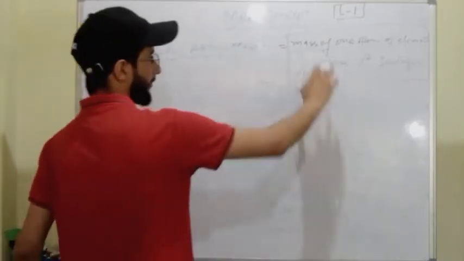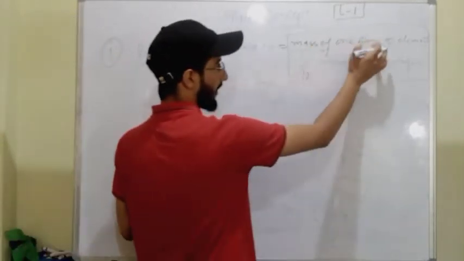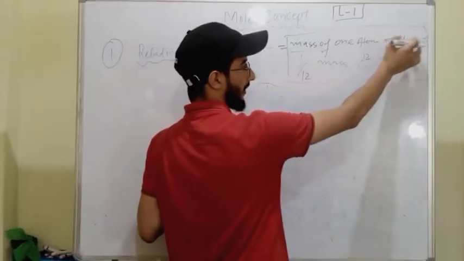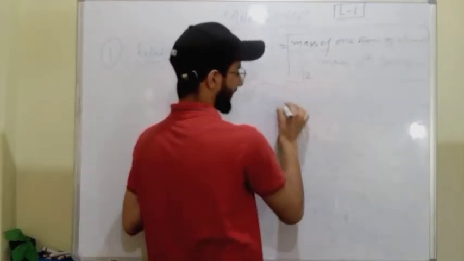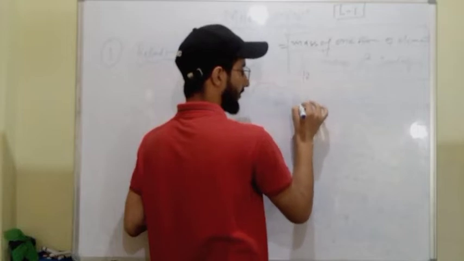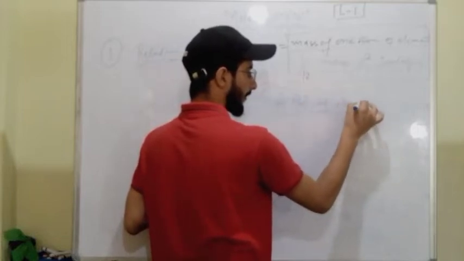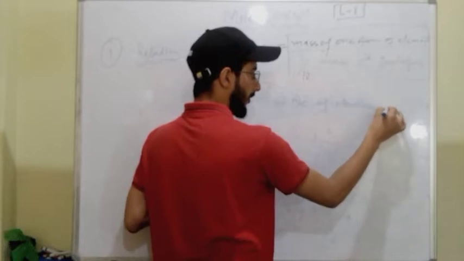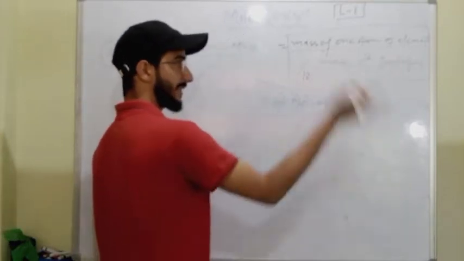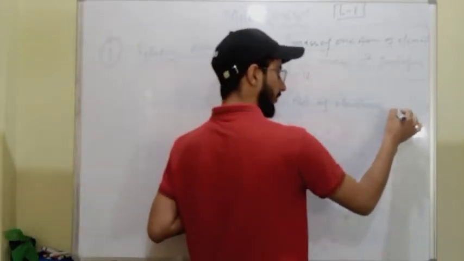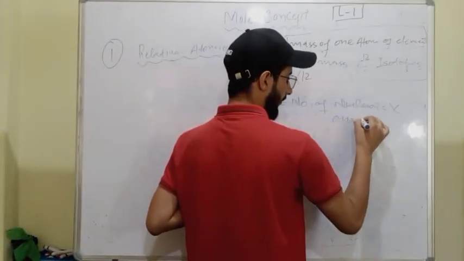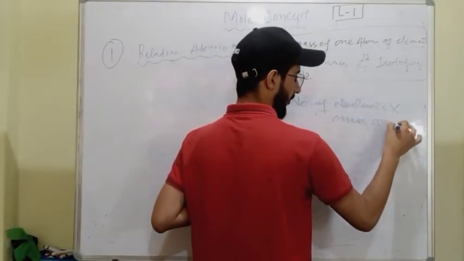So the mass of one atom of an element, I can write as the number of nucleons present in that atom into the mass of one nucleon.